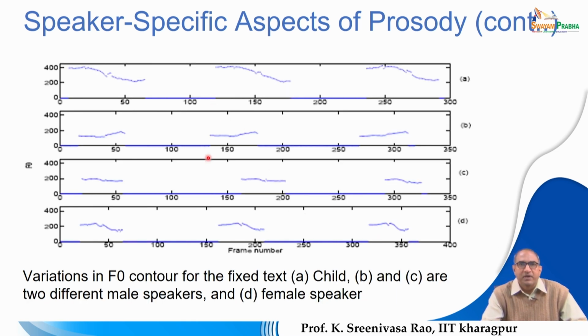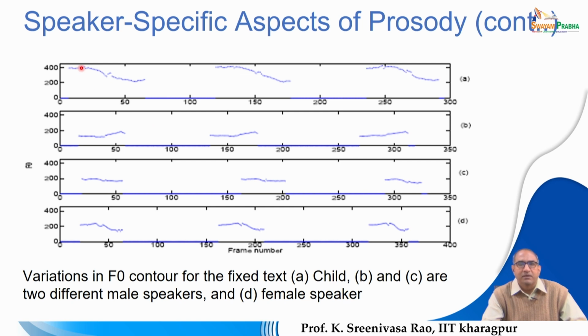This is also similar to that. Here the same fixed text was uttered by a child, by two different male speakers and a female speaker. The first one is uttered by the child, and these two are two different male speakers, and this is the female speaker. If you look at the way the intonation patterns vary, the dynamics, the slopes, you can see they are varying.